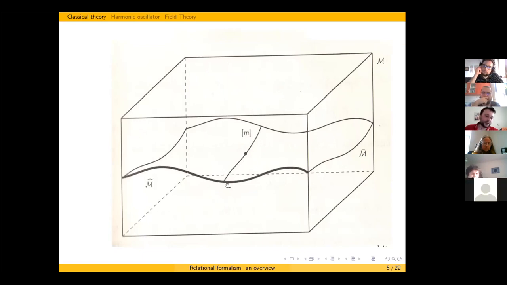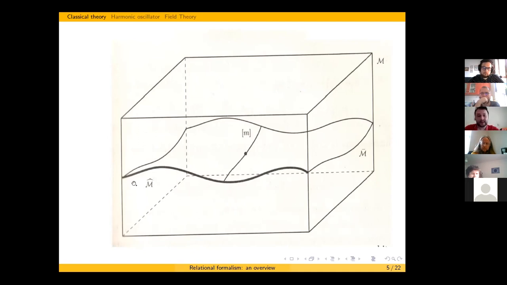This is given just by the flow on the phase space restricted to this submanifold along the Hamiltonian vector field associated to the constraints. So the first class property means that if we stand here and calculate the flow, then we stay on this hypersurface. And this M with the hat is called the reduced phase space.